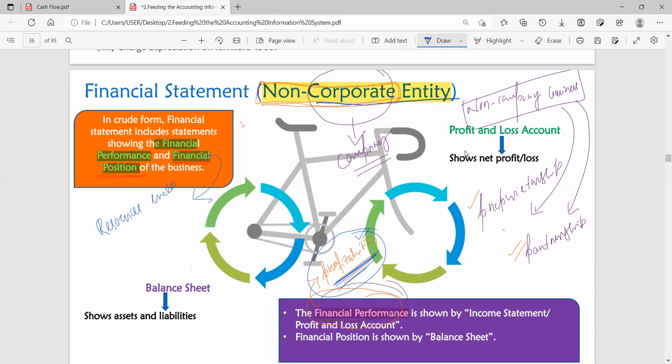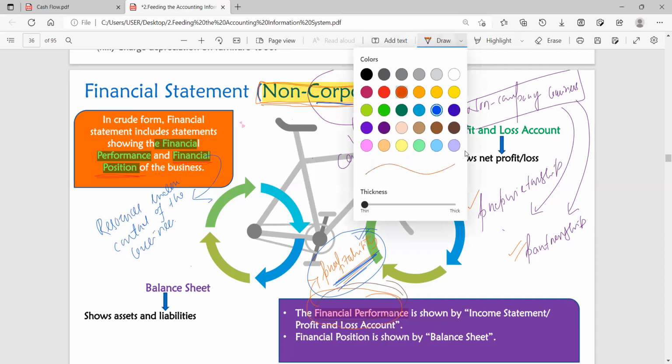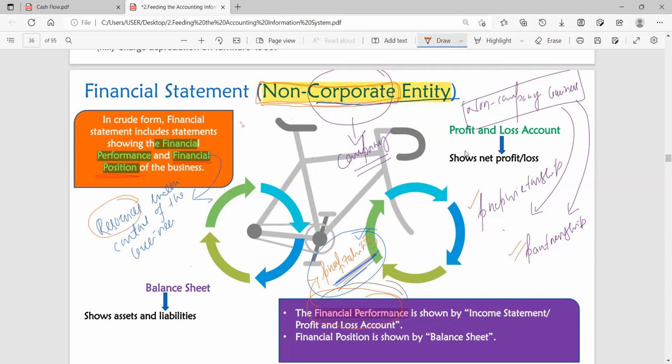And these resources, in accounting terminology, we call assets. So how much assets the business owns or controls is an important thing when it comes to understanding the financial position.